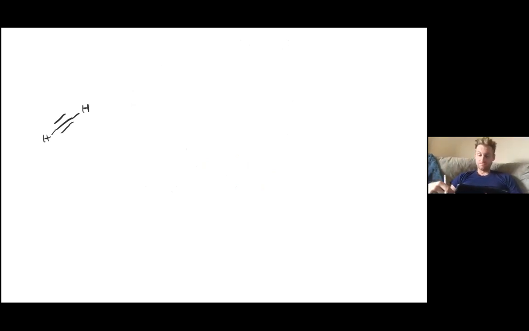So we take this as a double terminal alkyne. It's literally just 2 carbons here.